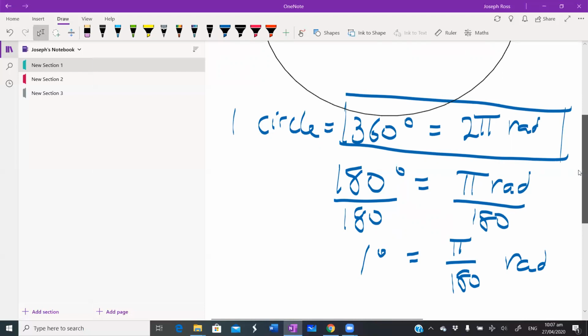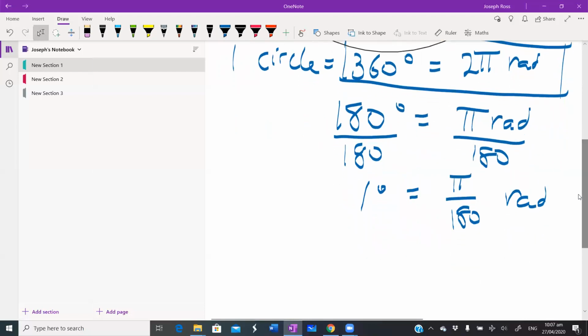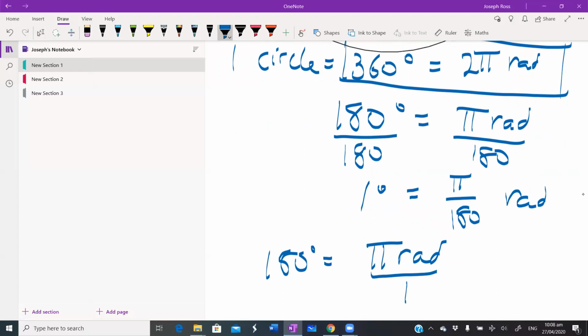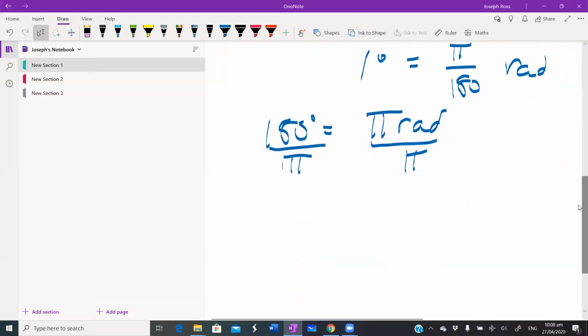And if we go back to 180 degrees is equal to pi radians, and we wanted to find out what 1 radian was, we would divide both sides of that equation by pi. So pi over pi is 1 radian, which is 180 over pi degrees.